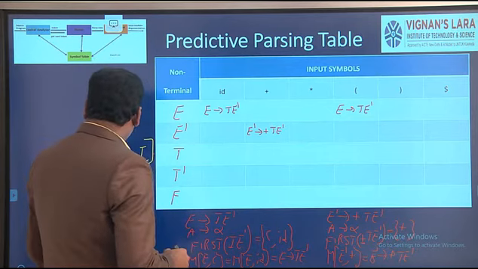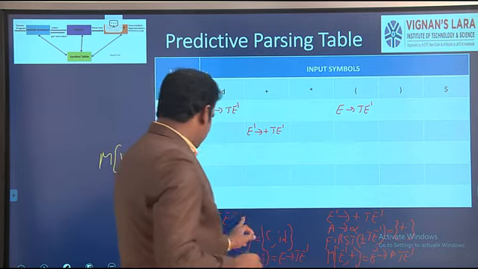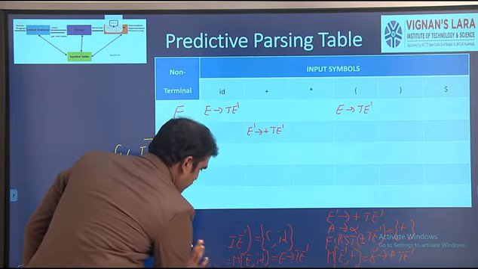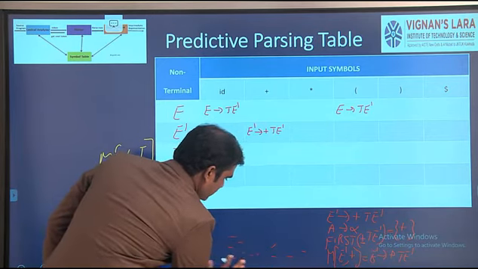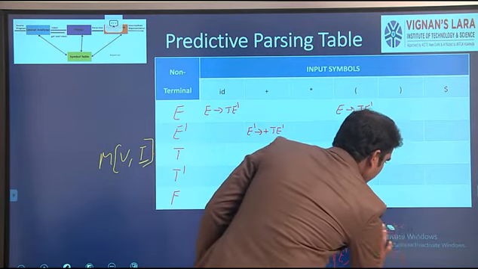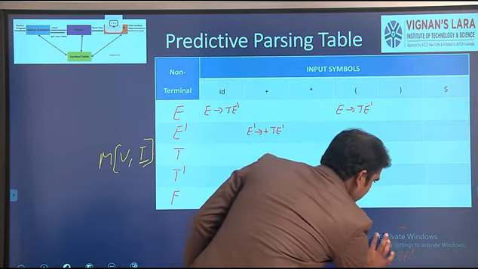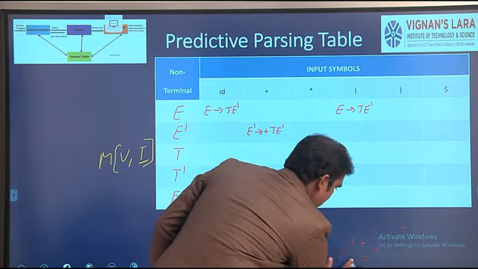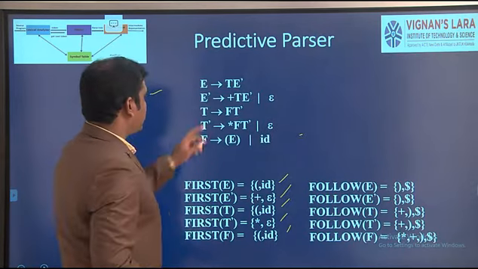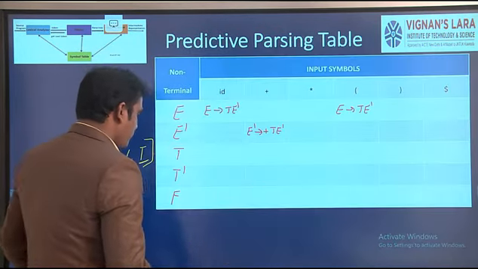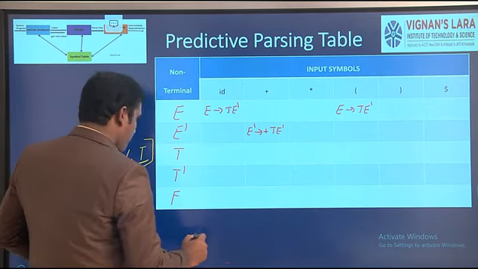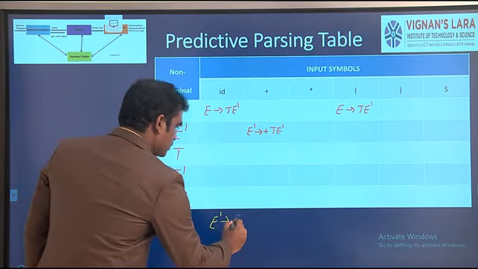Now take the next production. The next one is E dash to epsilon.